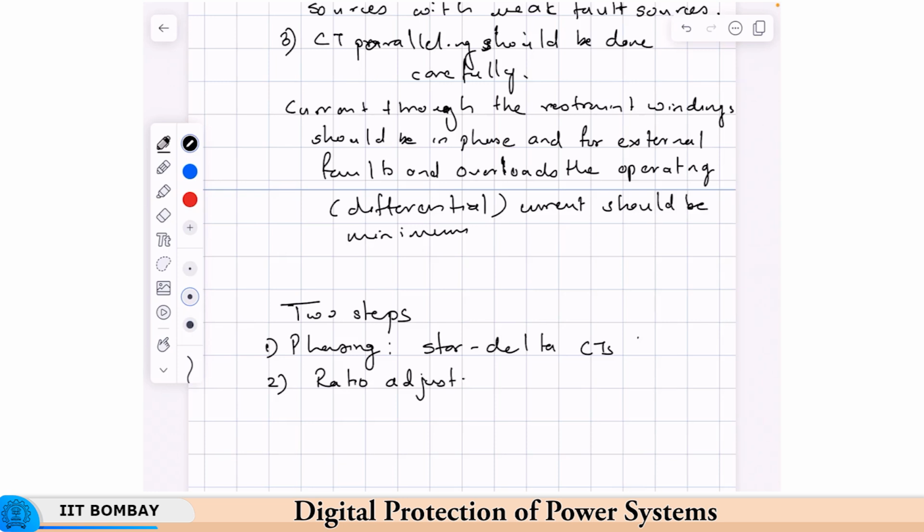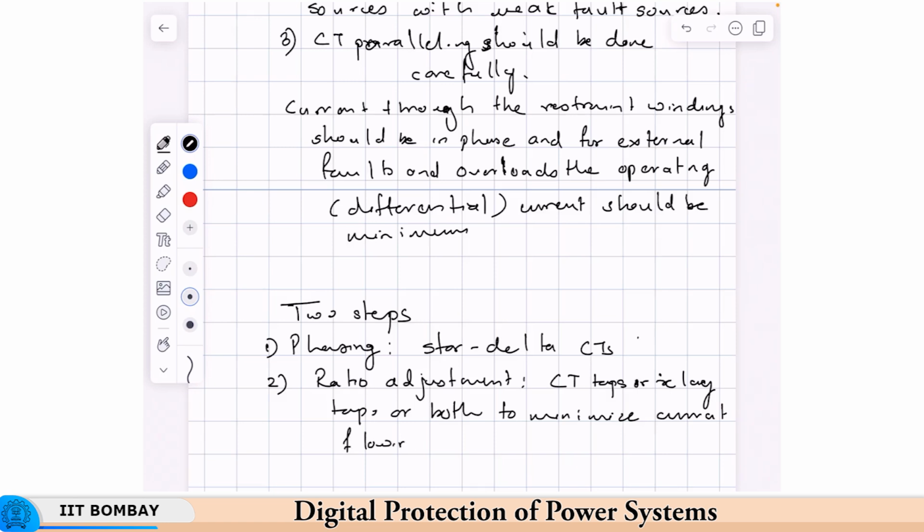We will see this by an example. This can be done using CT taps or relay taps or both of them together, depending on what range you want, to minimize current flowing in the operating winding.